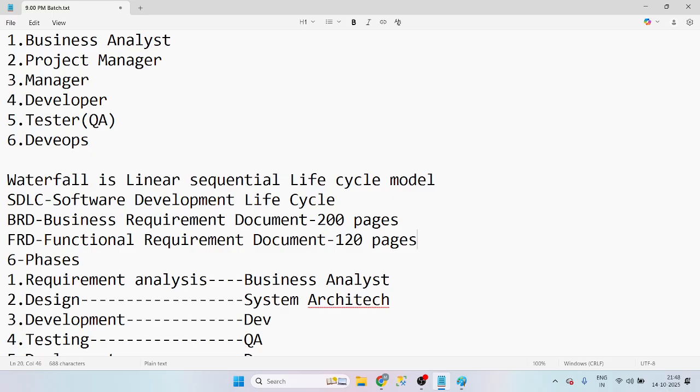By seeing this documentation, the developers will understand what to develop. The development and testing team will understand what we need to develop, and based on the FRD, these two teams will work. It is a little easier if you show an apple to a kid and say this is an apple, he will learn that this is an apple.